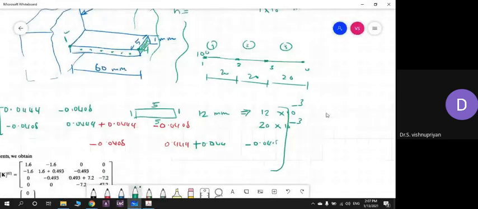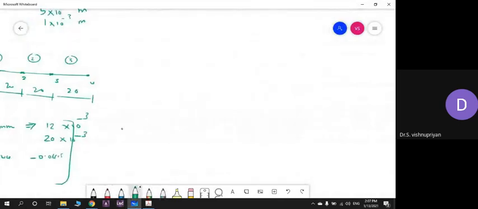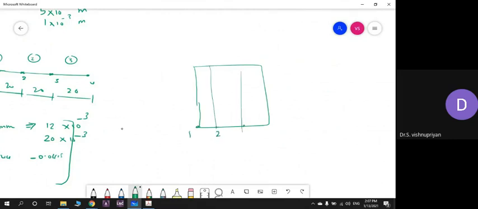Supposing that this is the composite wall we have, there are 3 elements and 4 nodes. These are the nodes and these are the elements. Normally, when you write a load vector for one element, you write 2 values because there are 2 nodes.